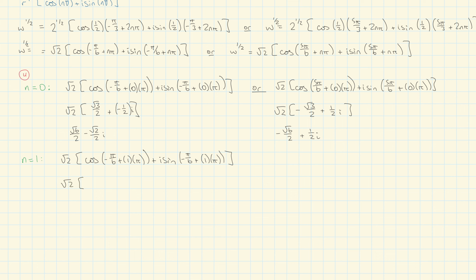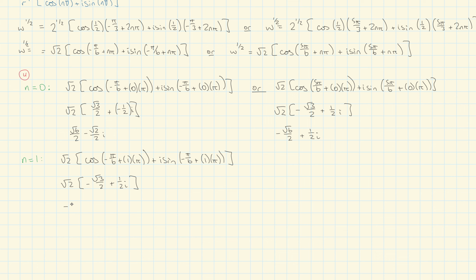That'll be root 2 cos of minus pi over 6 plus 1 times pi will give me minus root 3 over 2. And swap cos for sine then, and you get plus a half i.